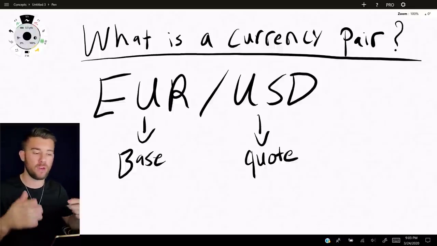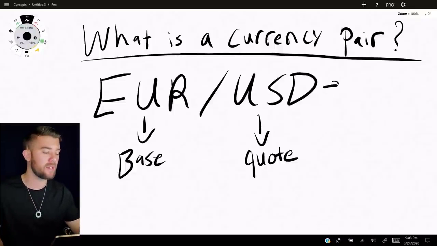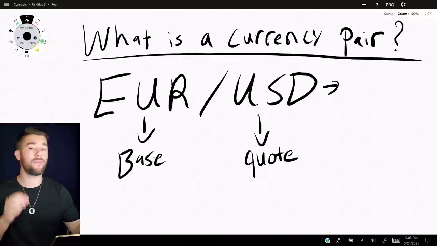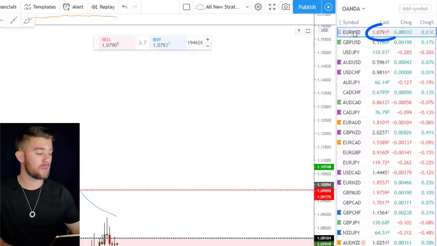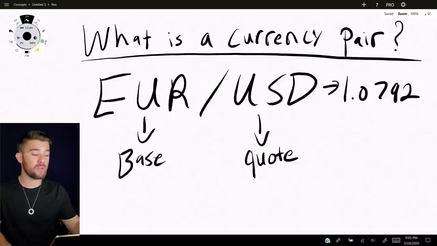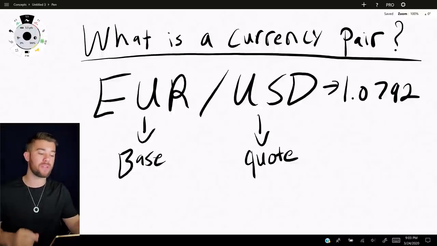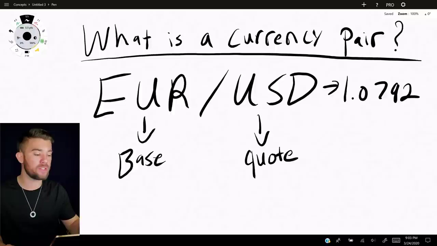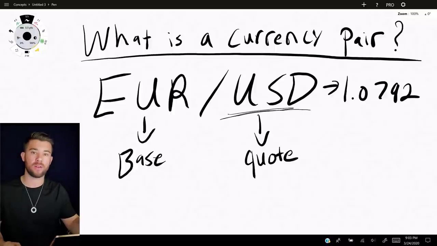The only thing you need to know about a currency pair is that currently the euro dollar has a value of 1.0792. The fact that the euro dollar has a value of 1.0792 is important because you need to understand that that is the quote pair valuation.